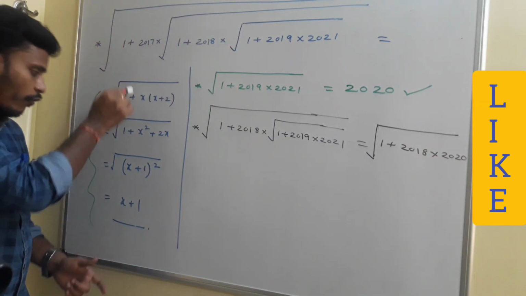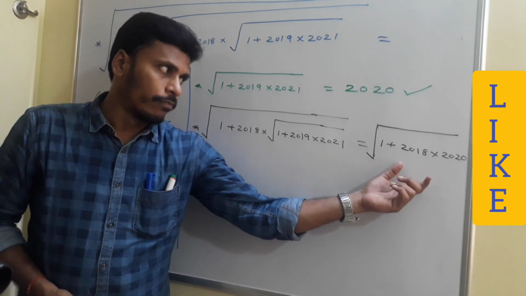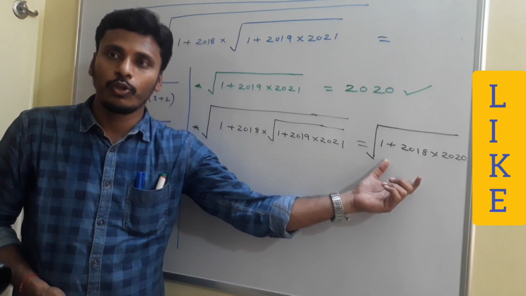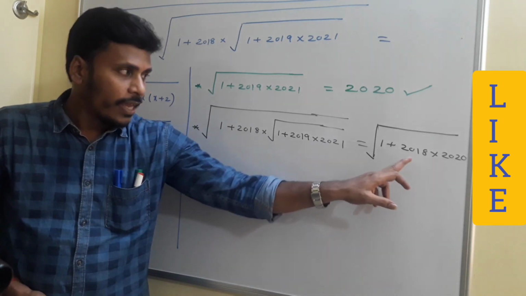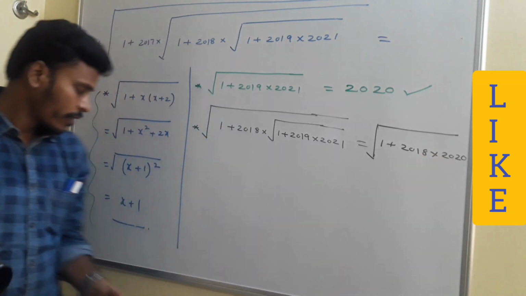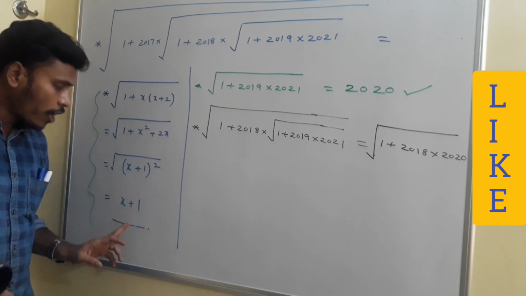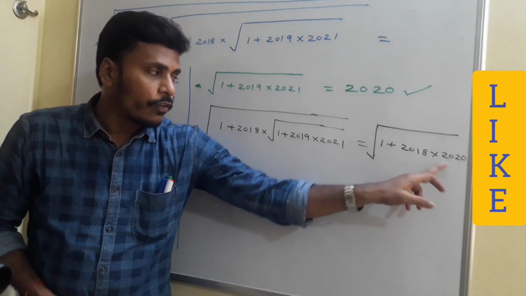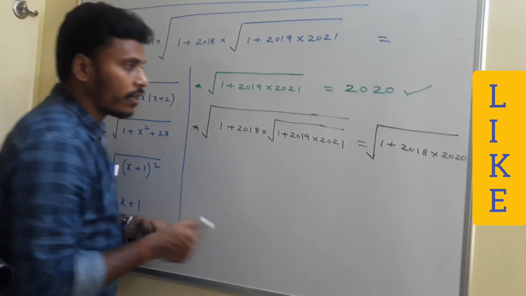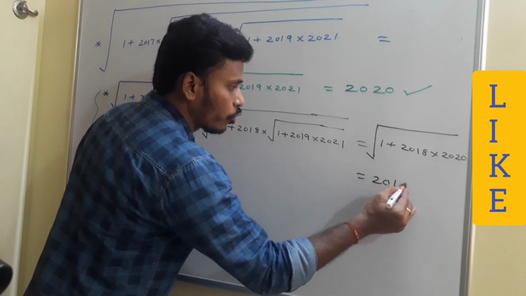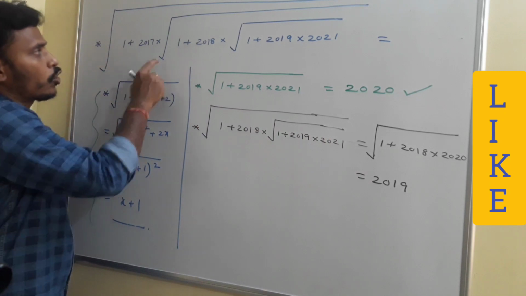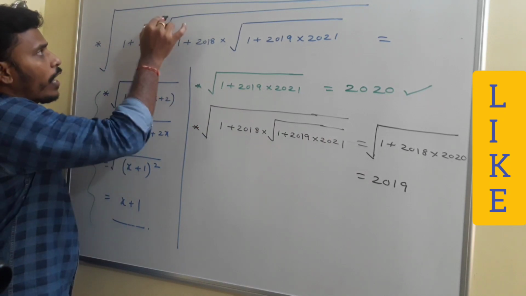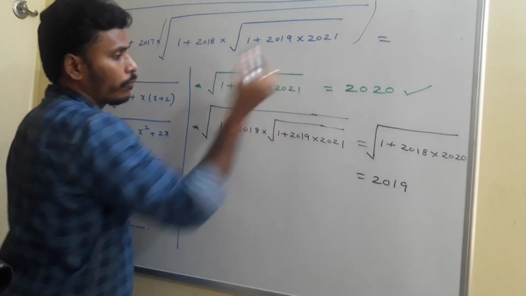Now again look at this formula and at this root of 1 plus 2018 into 2020. These are x and x plus 2. Your answer is x plus 1, the number in between these two, which is 2019. So the total value in this square root is now 2019.